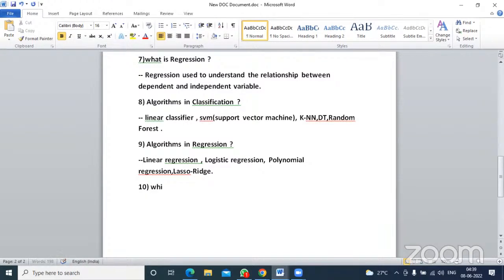If I ask which algorithms are used for supervised learning, then which are they? Which algorithms are used for supervised learning?